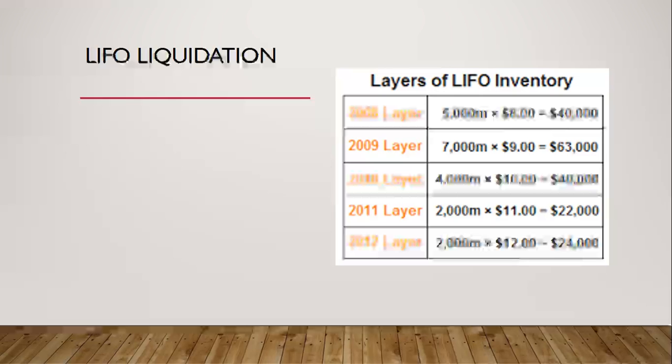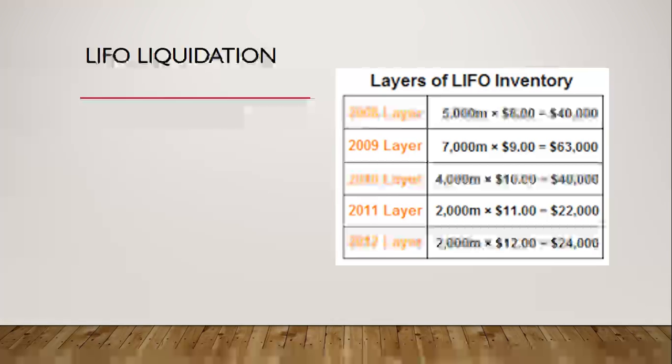When LIFO inventory is liquidated, sales are matched with the old costs, which results in financial statements showing higher income. LIFO liquidation therefore causes a higher tax liability in periods of high inflation. In most cases, liquidation occurs when the company using LIFO sells or uses old stock.